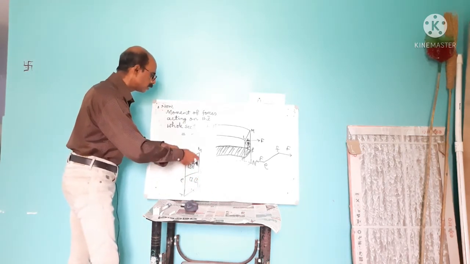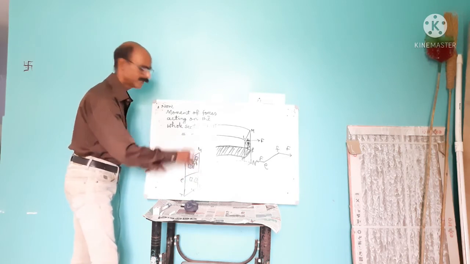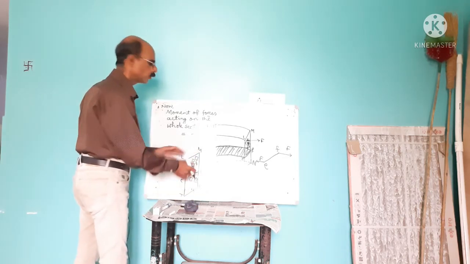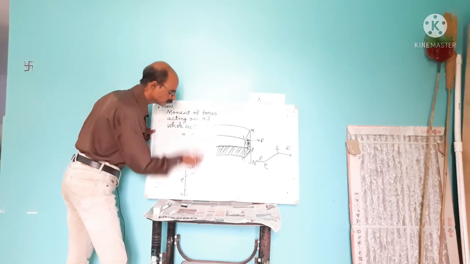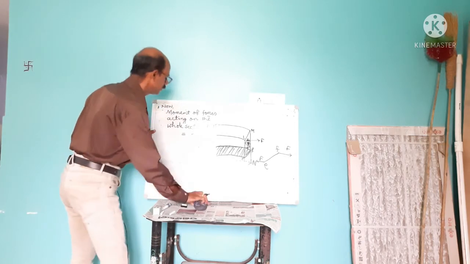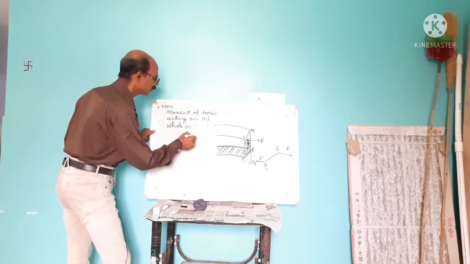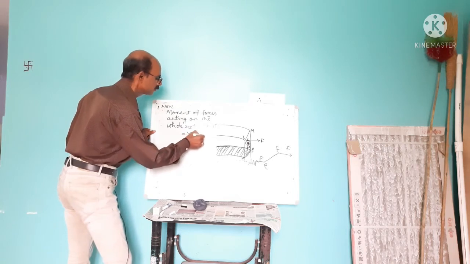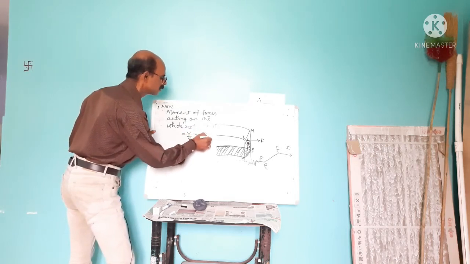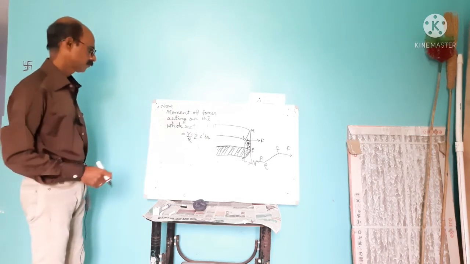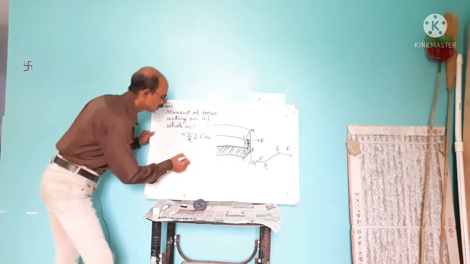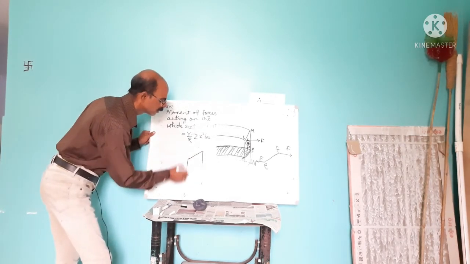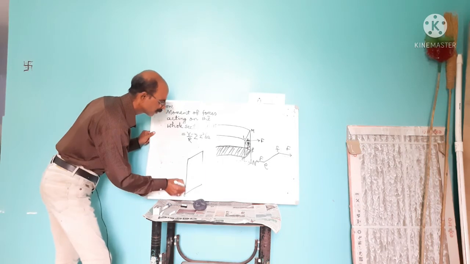So the moment of the forces acting on all the area, how will we find it out? We will make a sum of it. Then the sum will be Y by R summation of z square delta A. You see, this is EF.